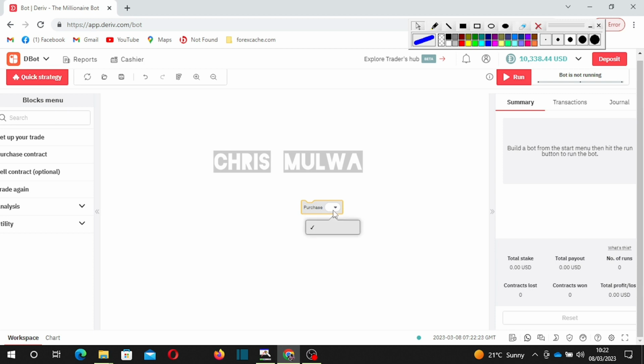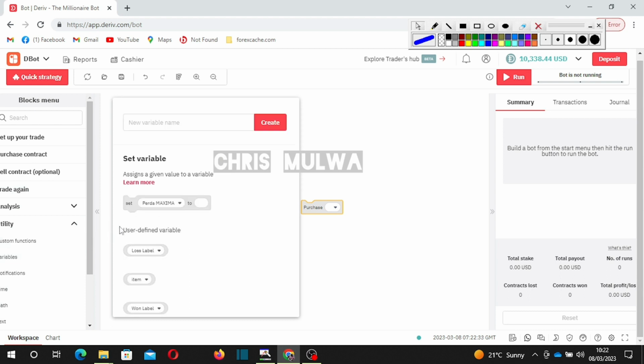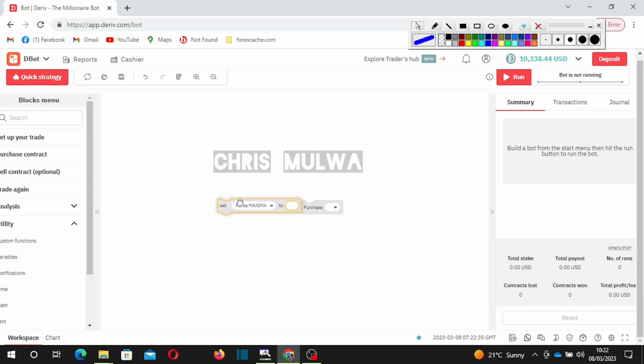There are purchase options that you can use from the utilities. You have the variables, what you will set, so there is a lot that you can do in this.